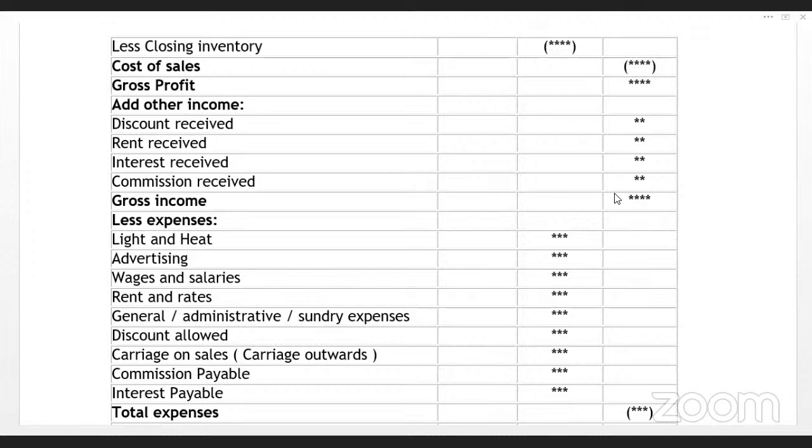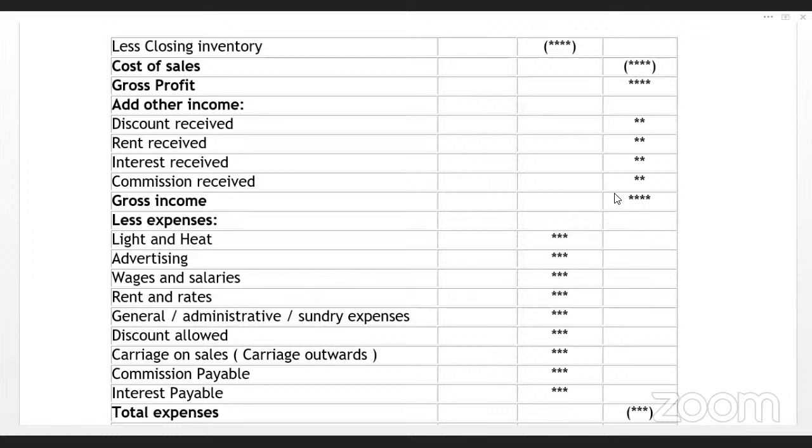After getting that gross income, then we have to deduct all the operating expenses, which you know: light and heating, advertising, wages and salaries, rent, administrative expenses, discounts allowed, depreciation on sale, carriage outwards, commissions payable, interest payable.